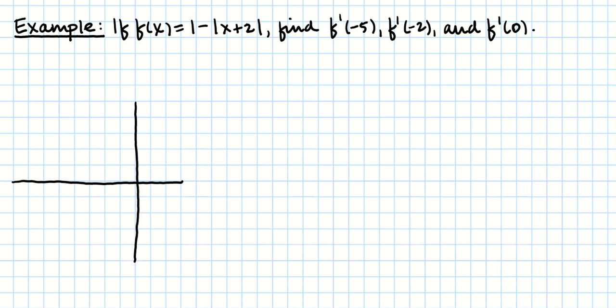Maybe I'll just draw it like that. Okay, and I'm going to let 2 squares represent 1 unit. So this will be 1, this will be negative 1, that will be negative 2. I don't really expect you to be able to graph this at a moment's notice, but this looks like y equals the absolute value of x, but flipped upside down, moved to the left by 2 and up by 1. Okay, so I know how to draw this.